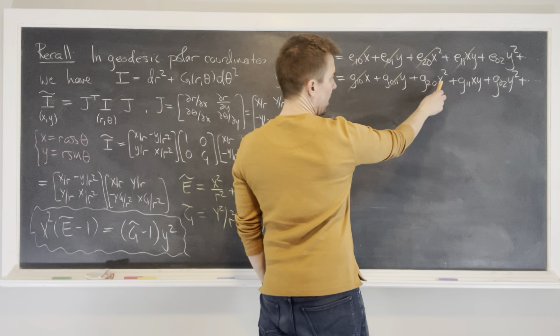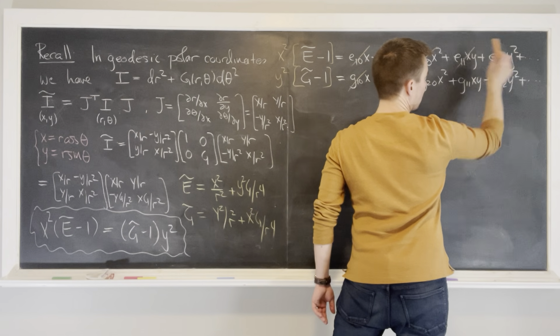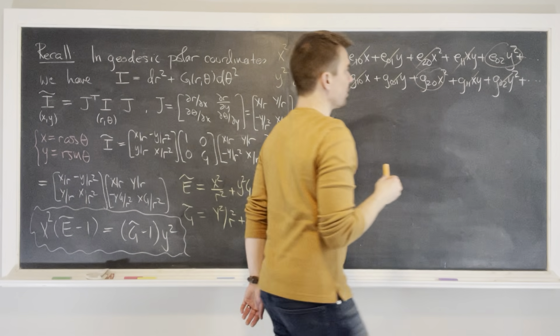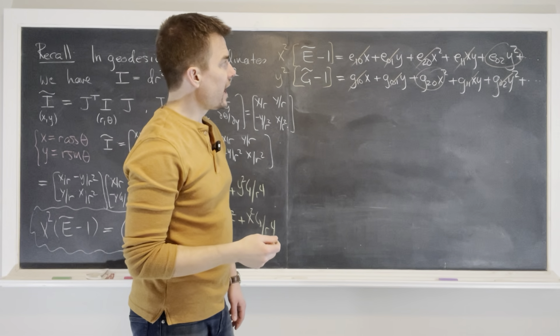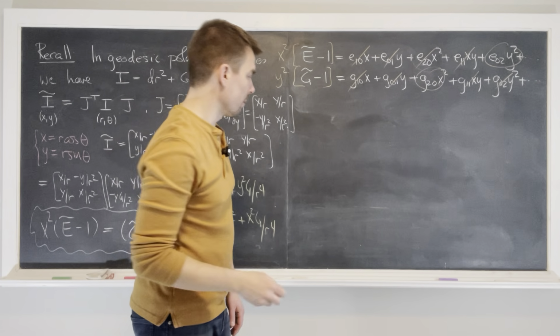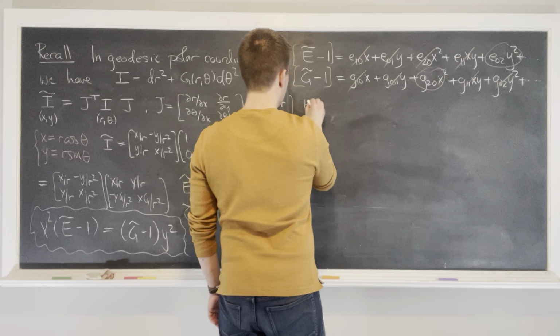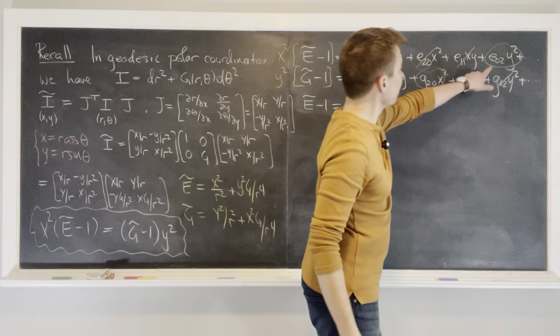Now what happens over here? This is going to be a y squared x squared. And this term over here is going to be an x squared y squared. So these two terms are the first terms that survive, and everything else goes away, right? And so what's our conclusion? Our conclusion is that e02 has to be equal to g20. So, hence, this implies that e tilde minus 1 is some number times y squared.